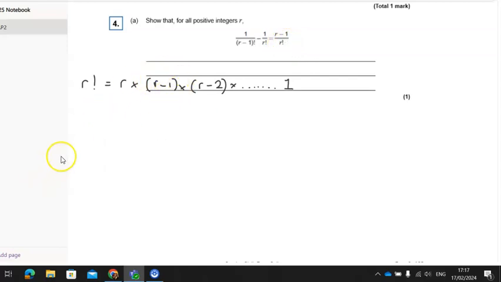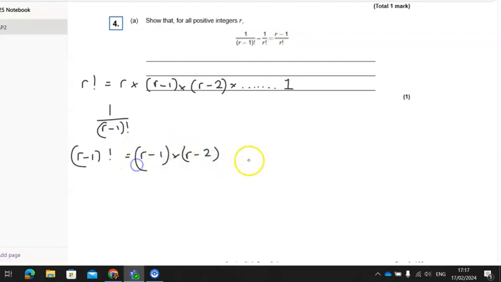Here we've got 1 over R minus 1 factorial as your first term. But R minus 1 factorial is the same as R factorial, except you're not timesing it by the R at the start. So R minus 1 factorial is R minus 1 times R minus 2, and so on, all the way down to 1.